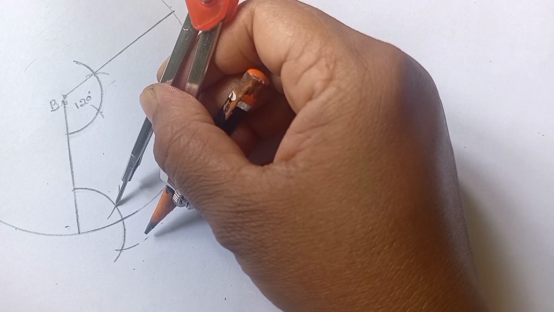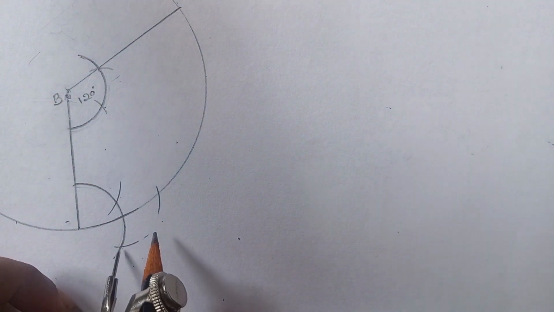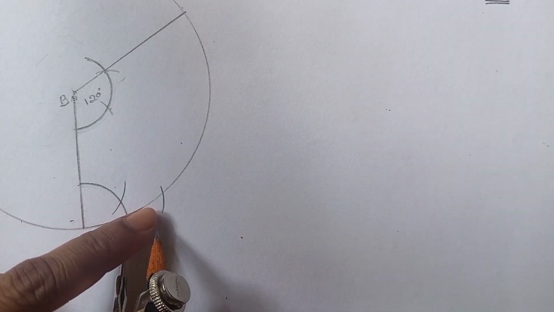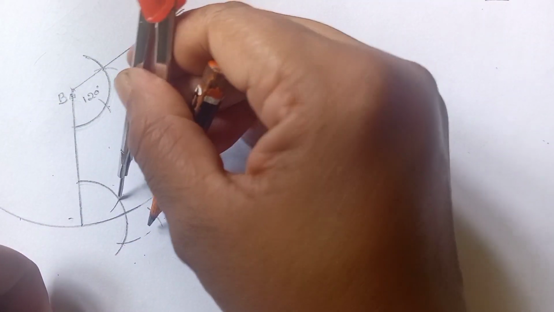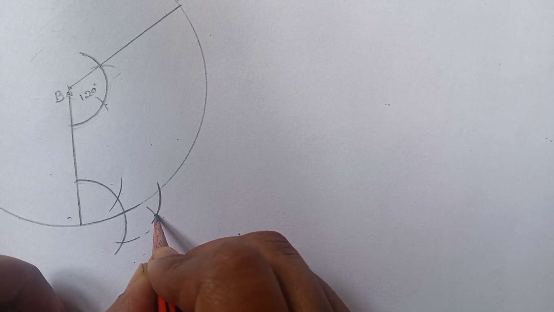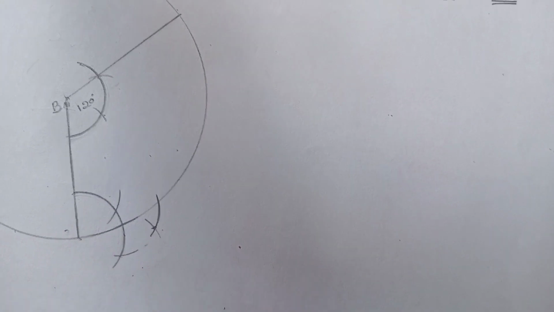Keep the compass at this point and cut an arc. Keep the compass at this point and cut this arc. Now look at this. Join this point and the radius, this one.